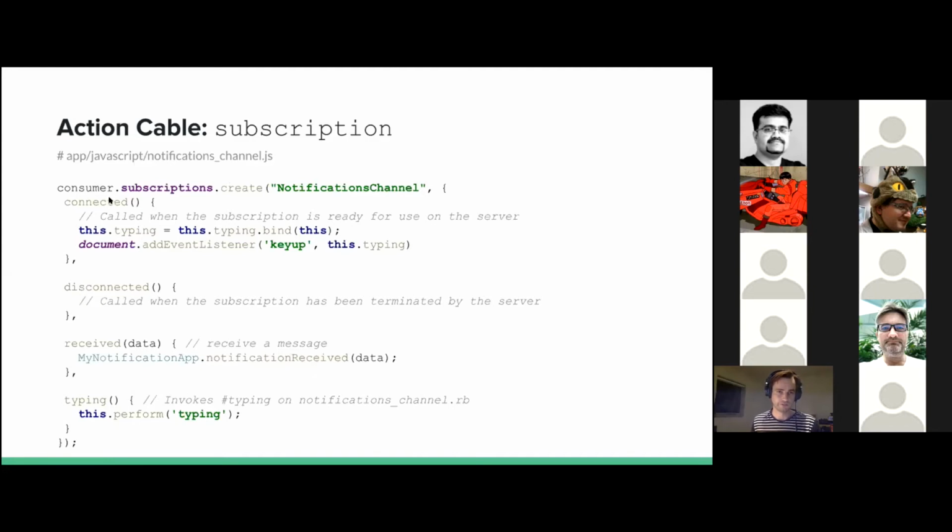So when it's connected, it's doing some setup, some event listeners, and so on. This received hook will get invoked on every message that is sent back from the channel to the consumer. In this case, I've put a stub implementation that will take the received message and do something.